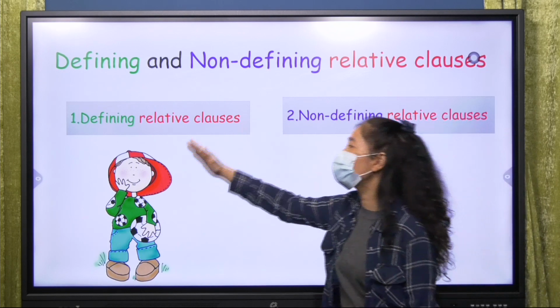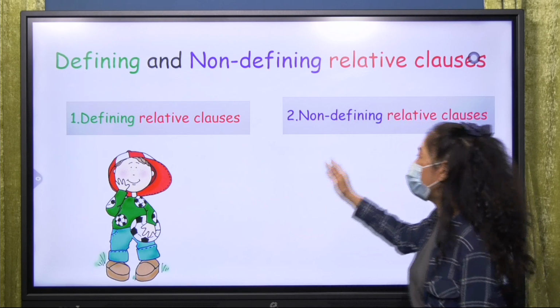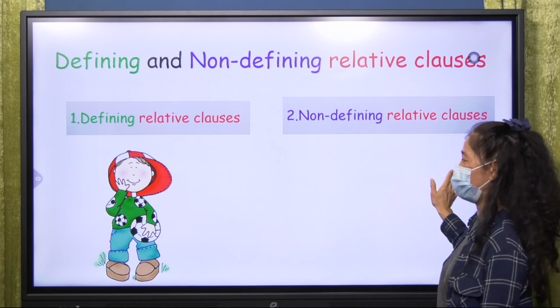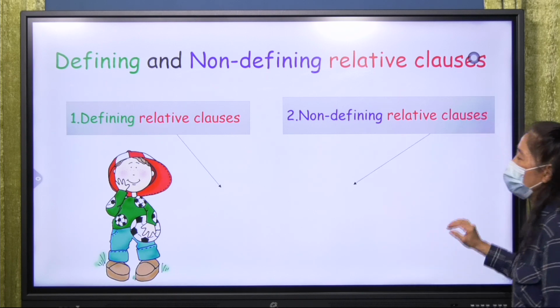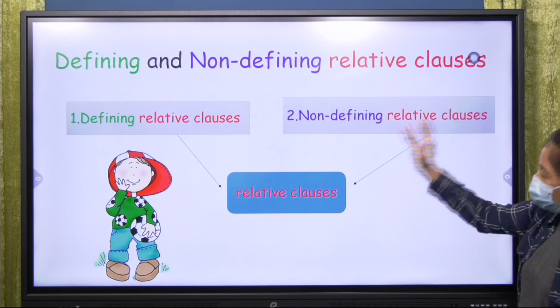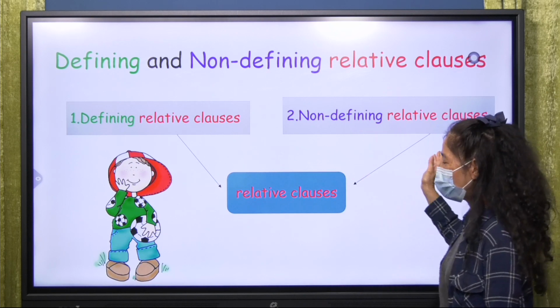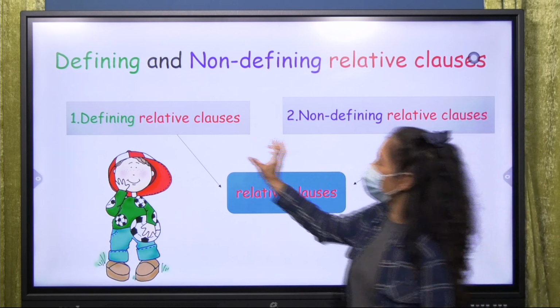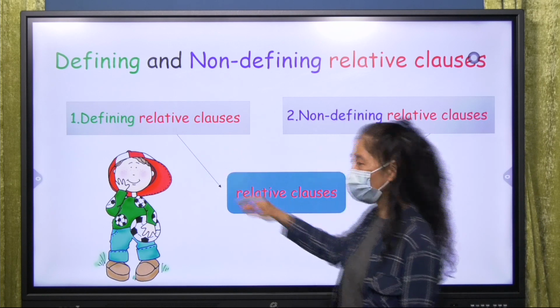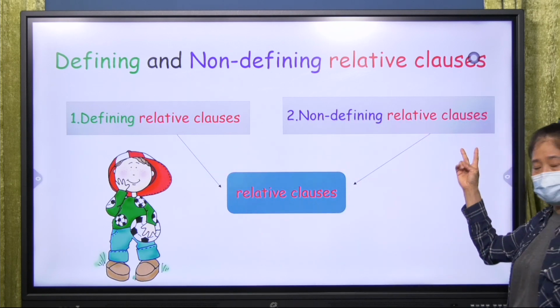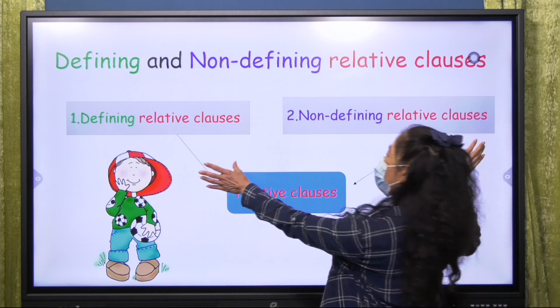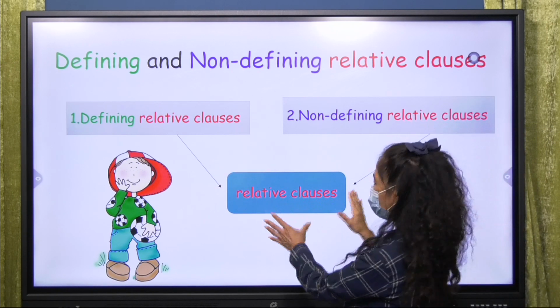We will look at defining relative clauses and non-defining relative clauses. Before looking at those, we want to focus on relative clauses. So these 2 parts come from relative clauses.